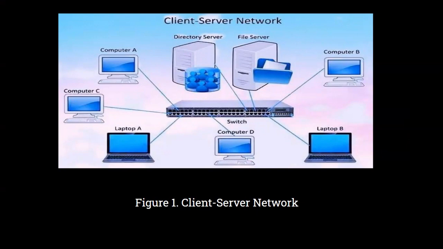These two servers provide services and resources to the devices which are connected to this network. The rest of the devices which are connected here in this diagram are referred to as clients.